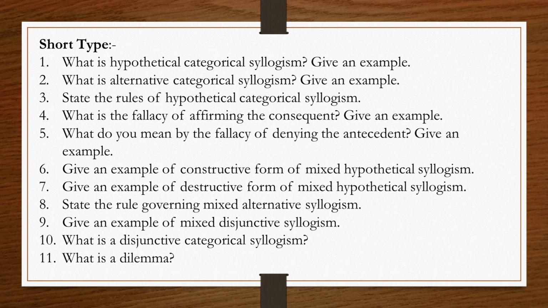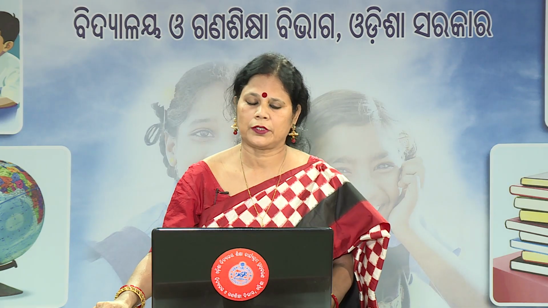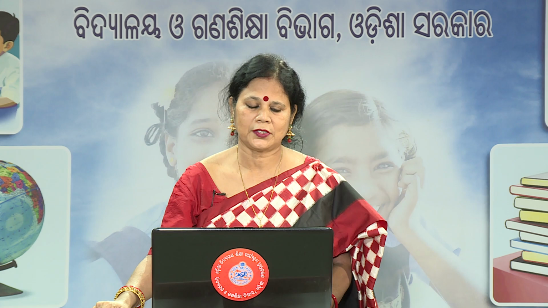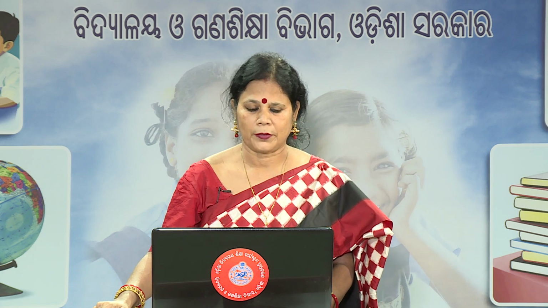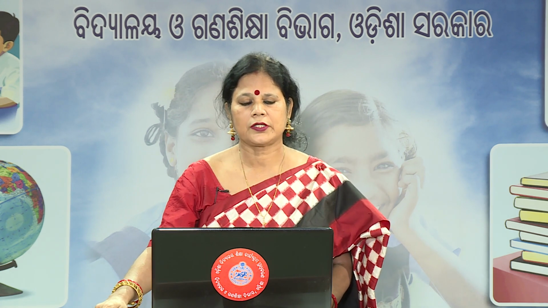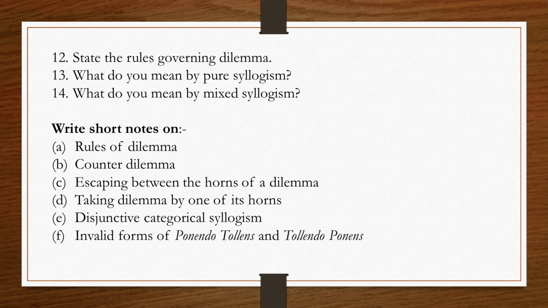Then the next question is: what is a dilemma? Write the dilemma. As I told you, in a dilemma the major premise is a compound hypothetical proposition, the minor premise is a disjunctive proposition, and the conclusion may be categorical, may be disjunctive. Then state the rules governing dilemma.